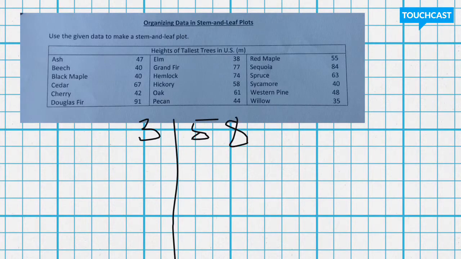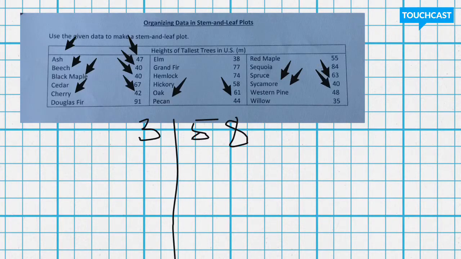Now let's see if we can find any trees whose heights are in the 40s. So we've got the ash tree with a height of 47, the beech tree with a height of 40, the black maple, which also has a height of 40, the cherry tree, which has a height of 42, the pecan tree, which has a height of 44, the sycamore tree, which has a height of 40, and the western pine, which has a height of 48.